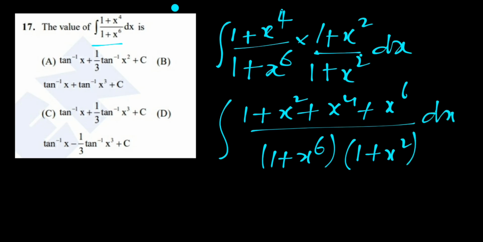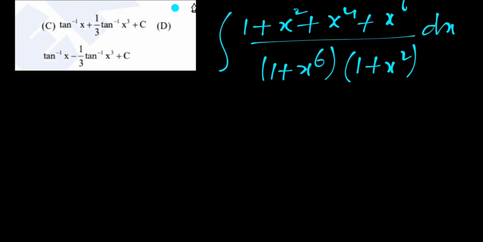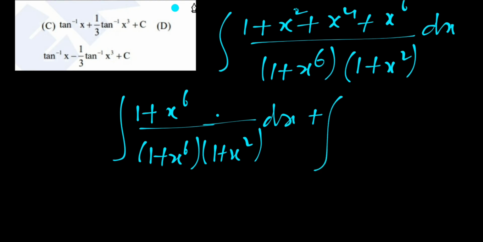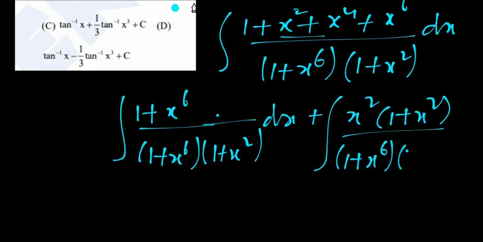So make the separation here. Integration of 1 plus x power 6 divided by 1 plus x power 6 into 1 plus x square dx, plus integration of the remaining two values, x square taken common, x square into 1 plus x square divided by 1 plus x power 6 into 1 plus x square dx.